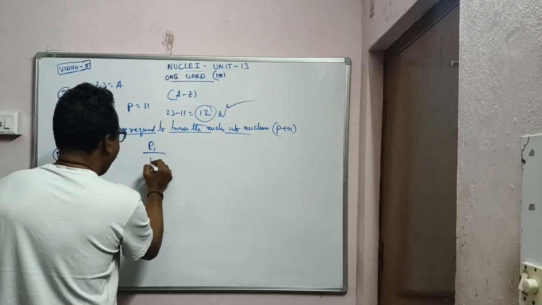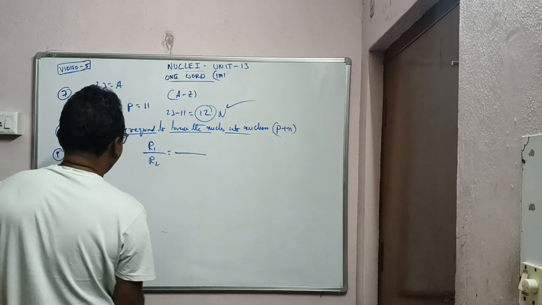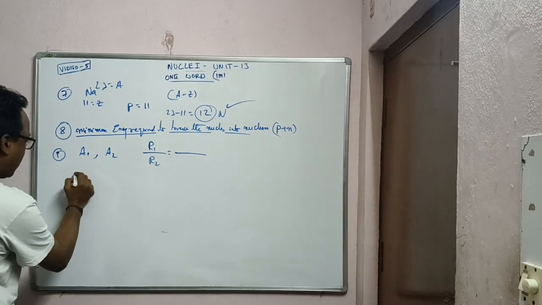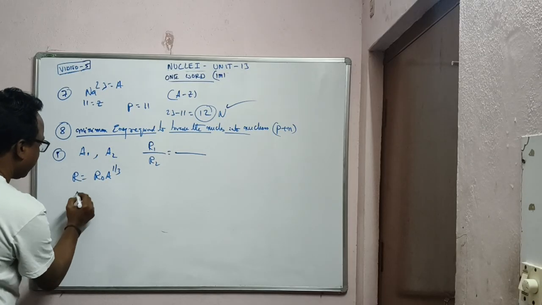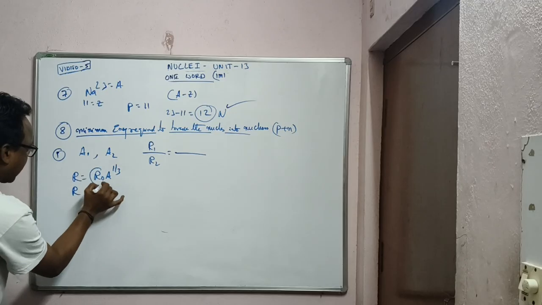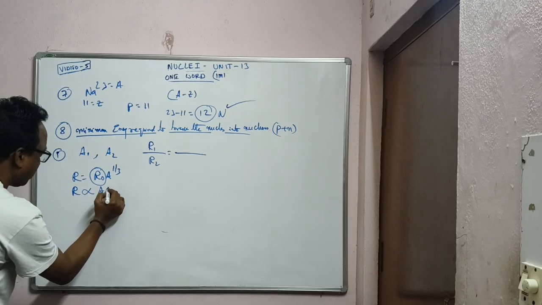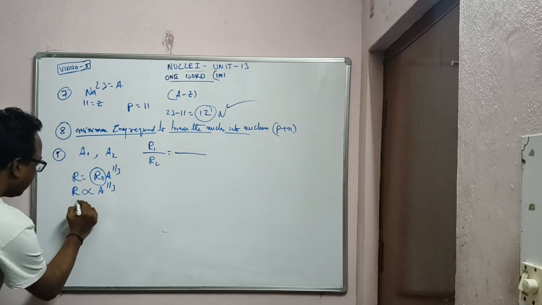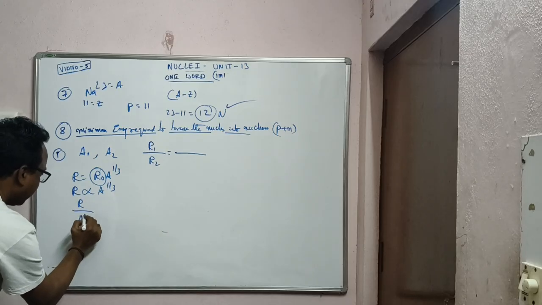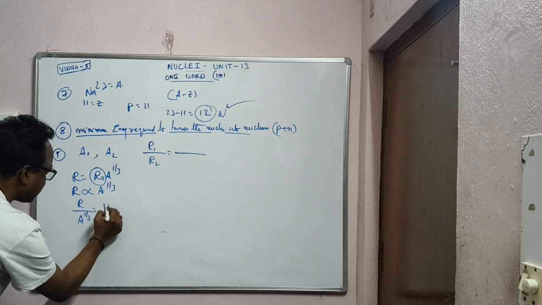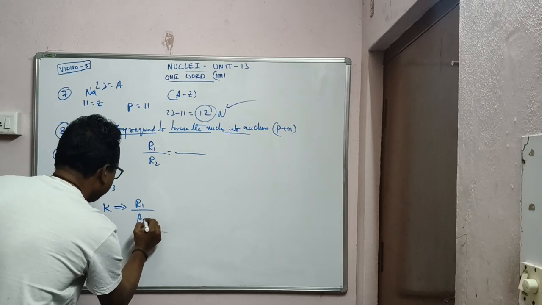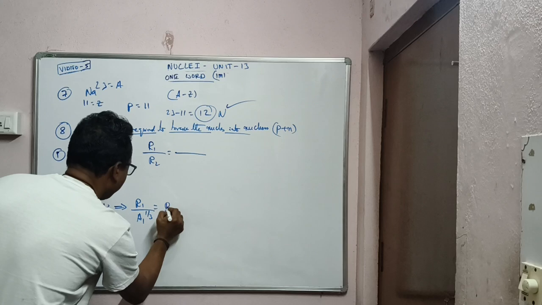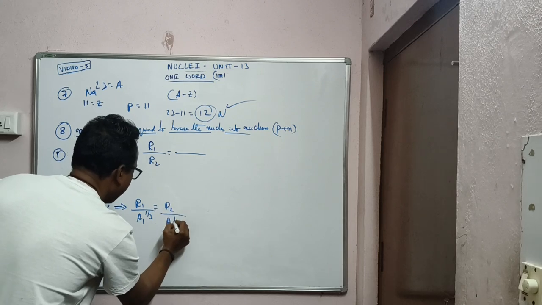That is, R1 by R2 is asked. According to Rutherford's equation, R is equal to R0 into A power 1 by 3. Here R0 is a constant. So R is proportional to A power 1 by 3, the mass number. Or R by A power 1 by 3 is equal to a constant, that is R1 by A1 power 1 by 3 equals R2 by A2 power 1 by 3.